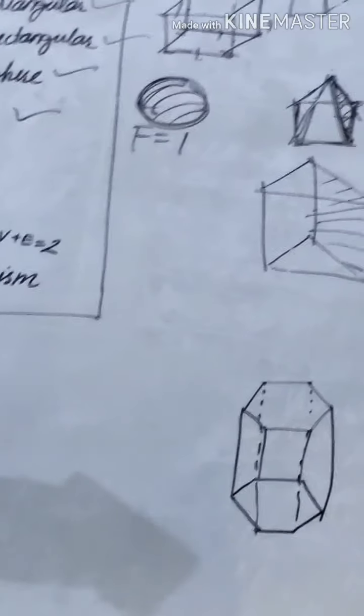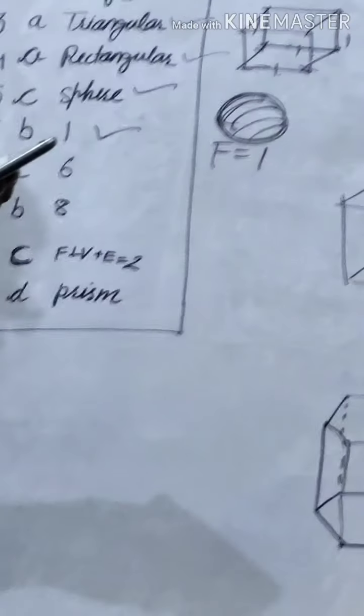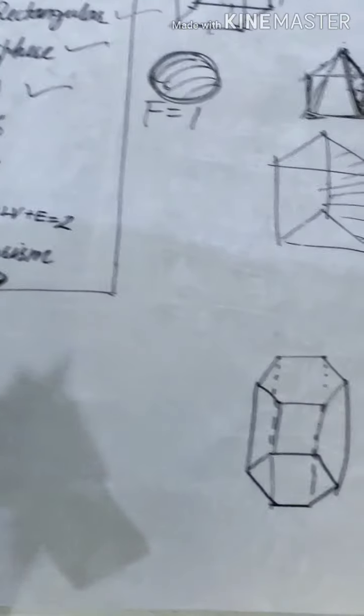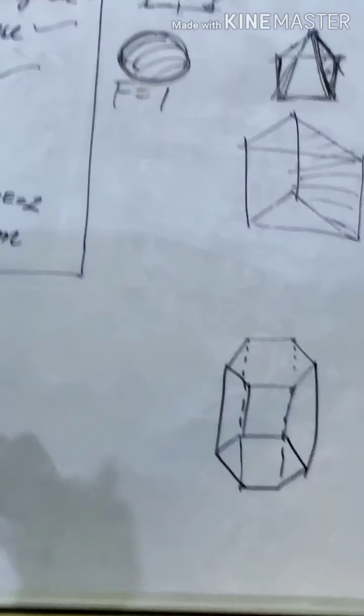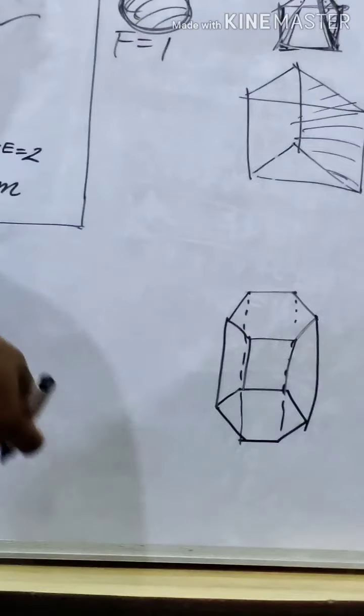So now next question is, in a hexagonal prism, how many sides does its base have? Hexagonal prism means 6 sides, hexagon. If 3 means triangular, 4 means quadrilateral, 5 means pentagon, 6 means hexagon. Clear this?